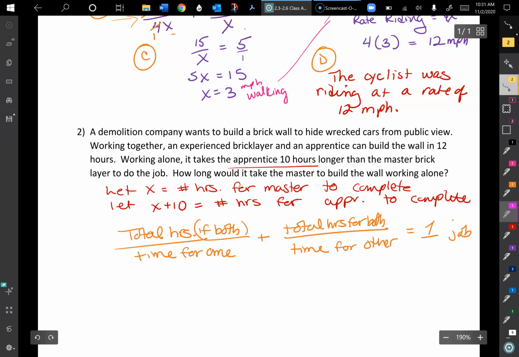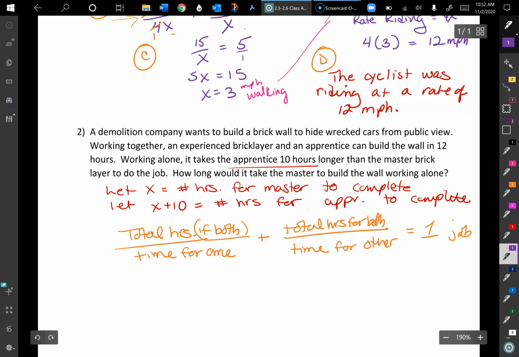So in essence what I'm saying is we'll set up the master here. The master, if he were to do the job, the time for his job is unknown, right? So we would say the total hours if they were both working together, and we're going to take his portion by dividing by x.